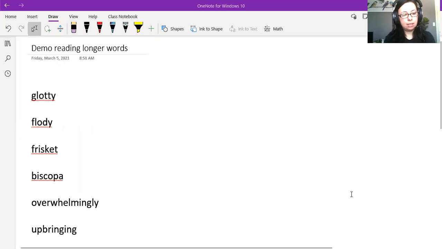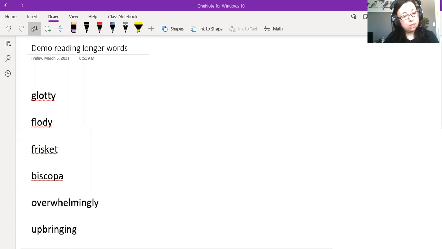So I have chosen some nonsense words here to demonstrate, and I did that on purpose because if you think of it, any unfamiliar word or word the student hasn't read before or can't identify looks like a nonsense word to them. And they have to use whatever strategies they can to figure out that word.